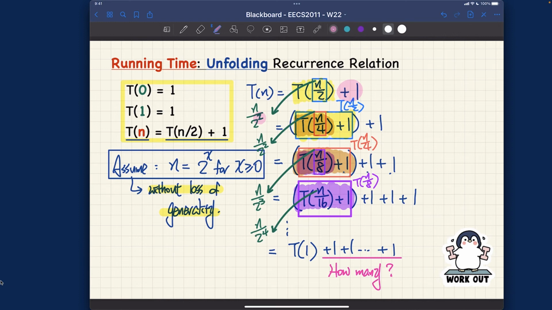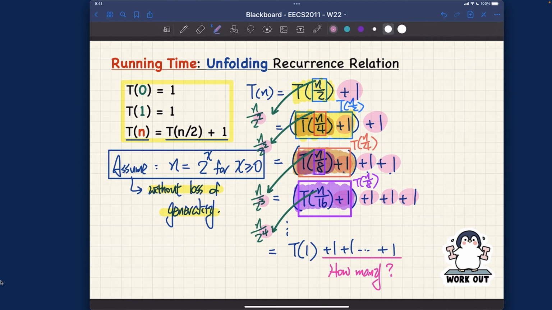When we got exponent 2 over here, we got 2 plus 1s. When the exponent is 3, we got 1, 2, and 3 plus 1s. And when the exponent is 4, we got 1, 2, 3, and 4 plus 1s. That's exactly how you observe the pattern, right?